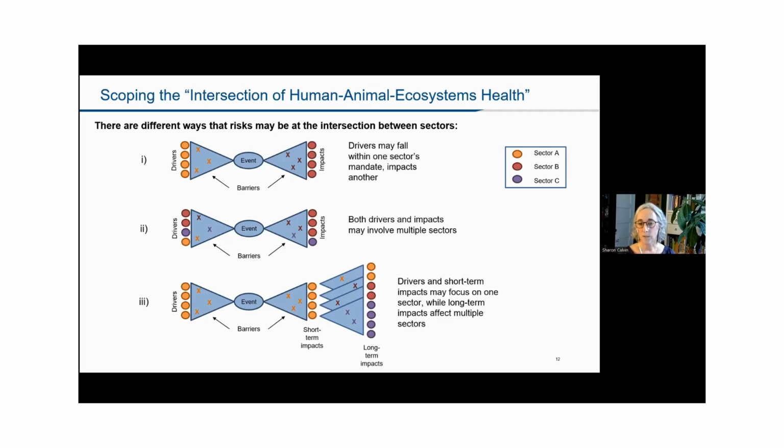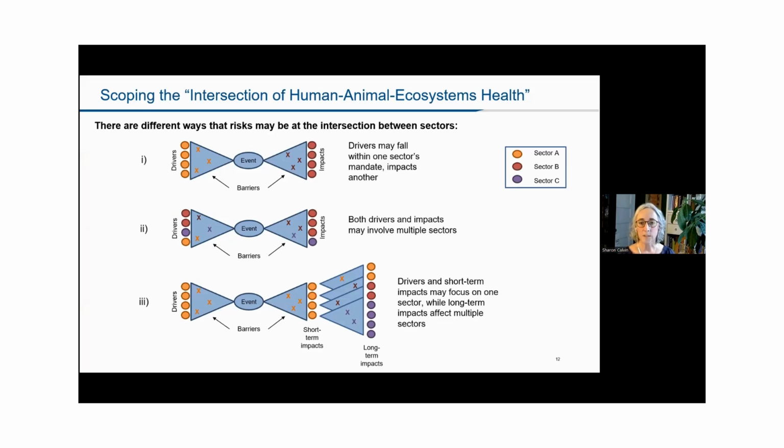But there are other situations that are maybe less obvious or more challenging. You can have a situation like the one on the top bow tie there, where the drivers are mostly falling within one sector's mandate, but the impacts are mostly falling in a different sector's mandate.